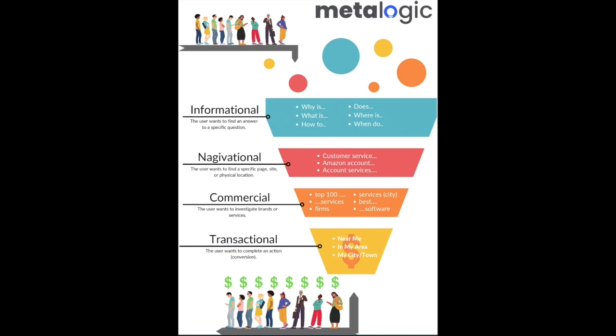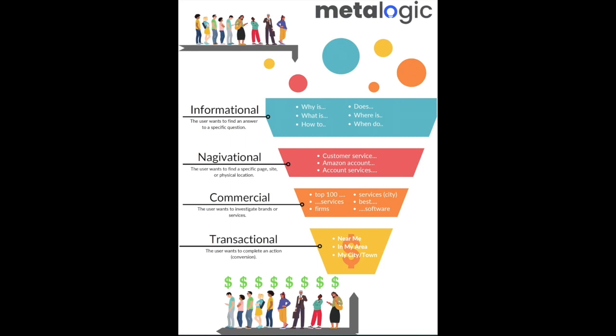Now, the bottom of the funnel is where we're going to find our sweet spot. The next one you're going to see is commercial. The user wants to investigate brands or services. When it comes to brands, you usually want to stay away from those as well. You can bid on your own brand, and there's a tactic for that we can talk about in another course. But what we really want to focus on here are the services.